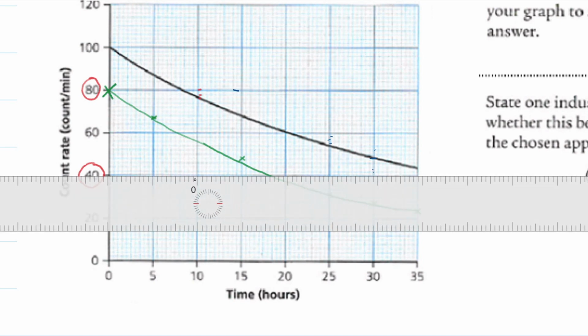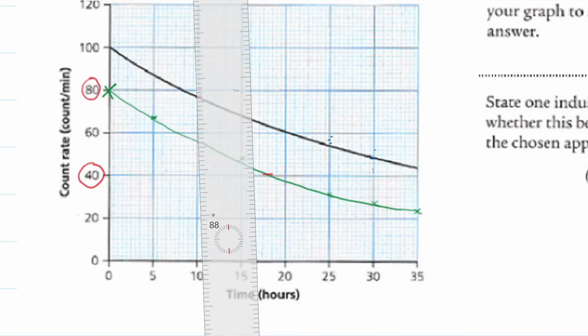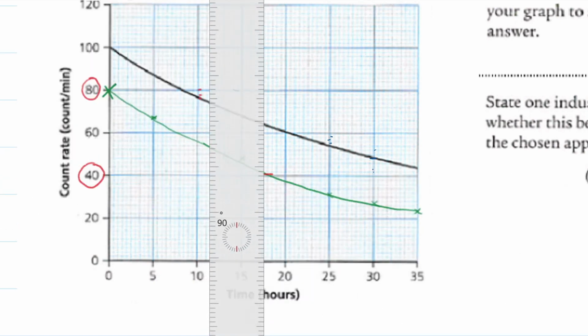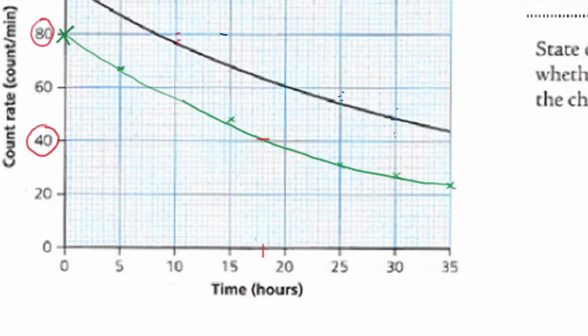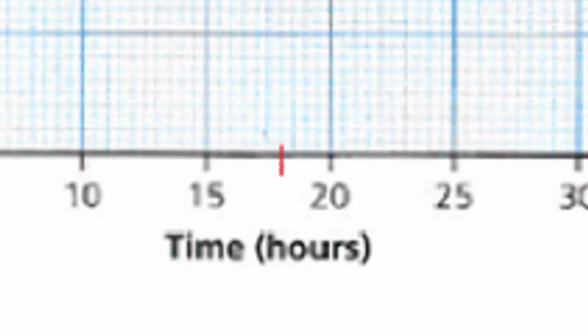There we go. I'll just put a little mark there. And then if we come down from that mark, mark it off on the axis. You can see that's 16.